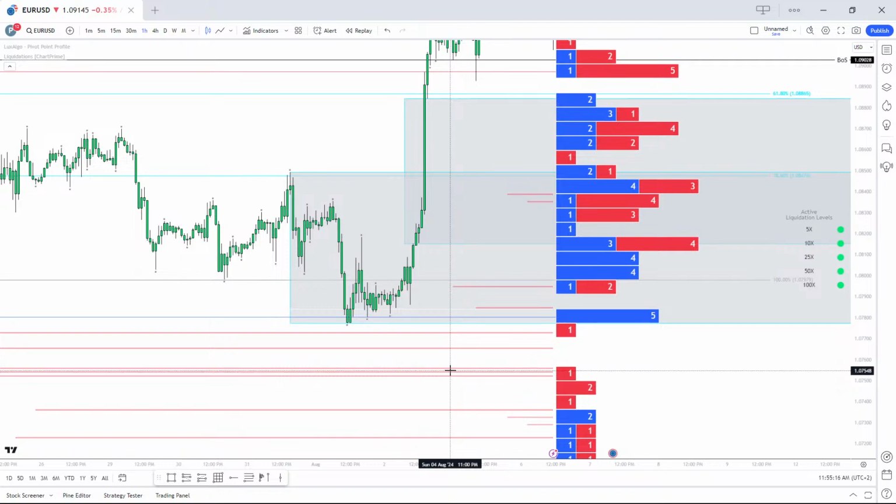There's a lot of stop orders right here. Here's, yeah, one line is here. So the people are still holding the trades, and they actually get taken out.